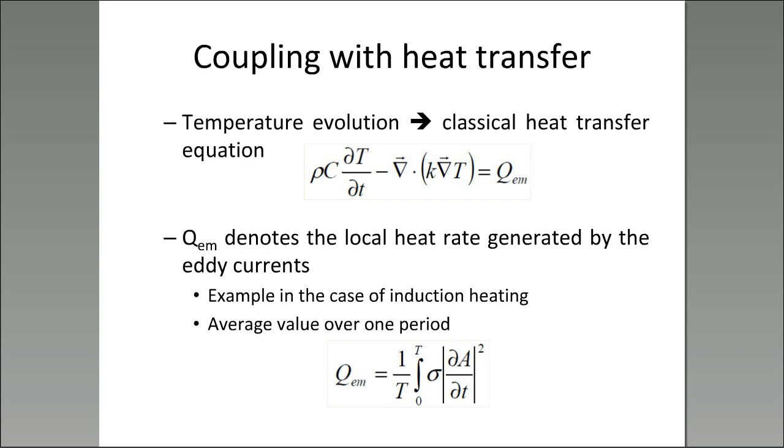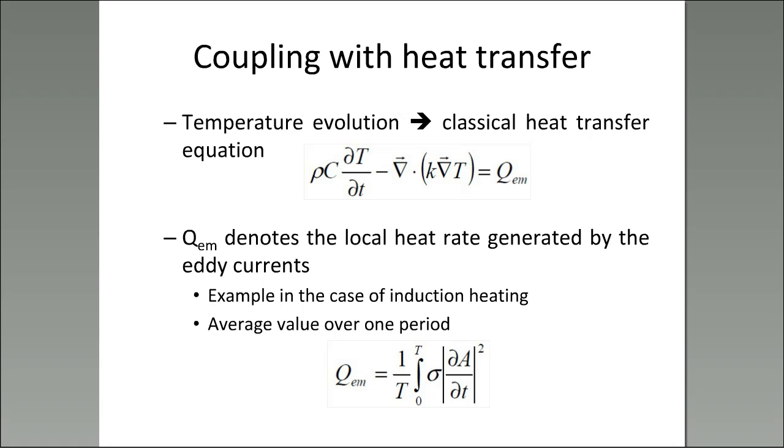Then, of course, you have the coupling with heat transfer, so the temperature evolution is going to be piloted by the heat transfer equation. In it you have rho c, the specific heat, K, which stands for the thermal conductivity, and the source term, QEM, due to the local heat rate generated by the eddy current through the Joule effect.